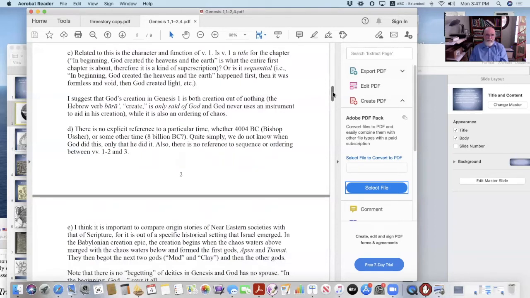Did it happen in 4004 BC, according to Bishop Ussher a few hundred years ago, his theory, or some other time in history? Did it occur in 4 billion BC, or 8 billion BC, or 13 billion BC, or some other time?